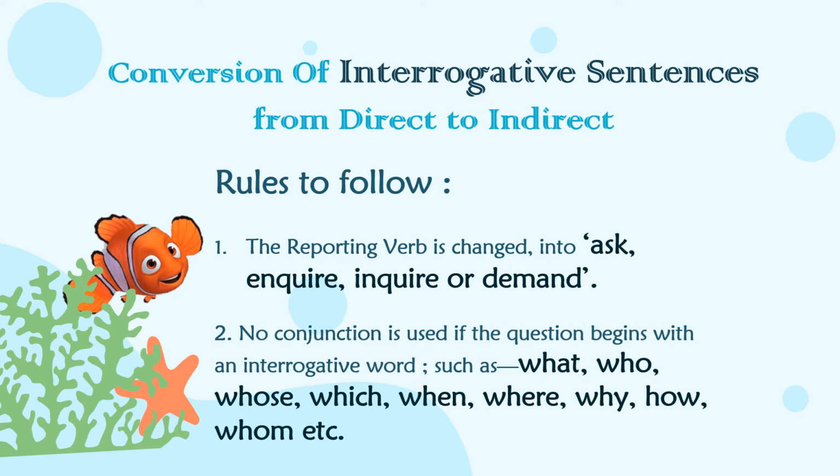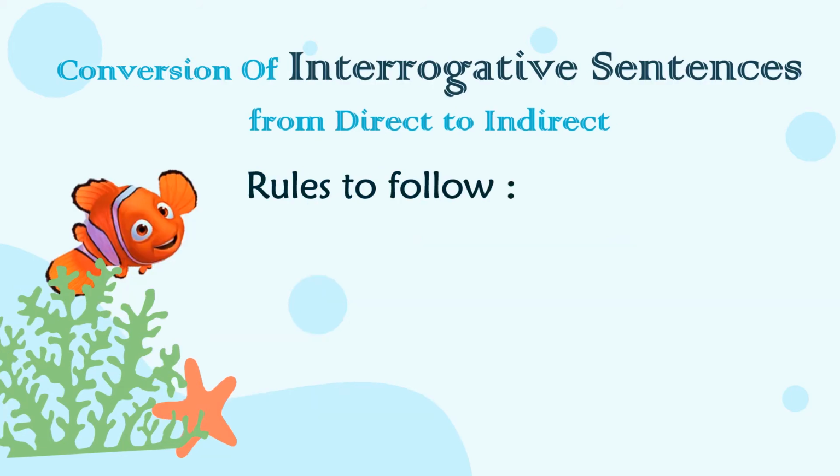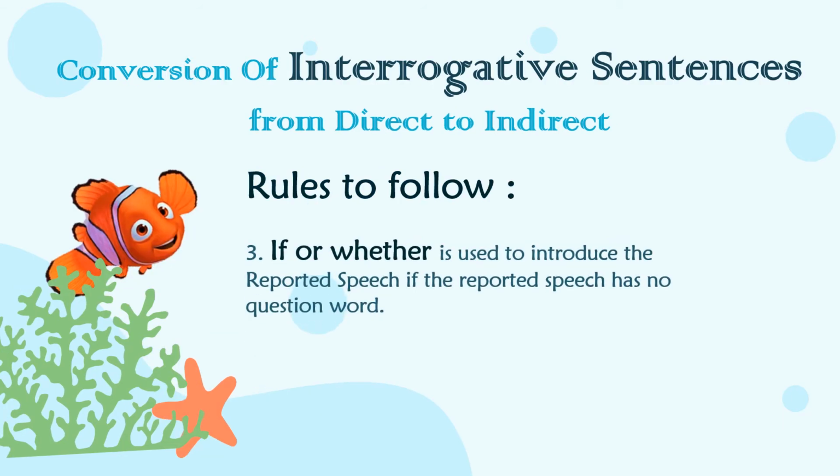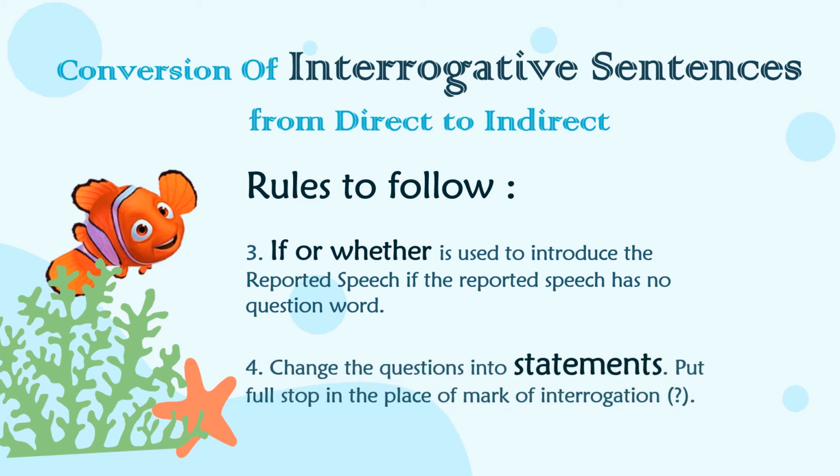No conjunction is used if the question begins with an interrogative word, such as what, who, whose, when, which, where, why, how, whom, etc. If or whether is used to introduce the reported speech if the reported speech has no question word. Change the questions into statements. Put a full stop in the place of the mark of interrogation.